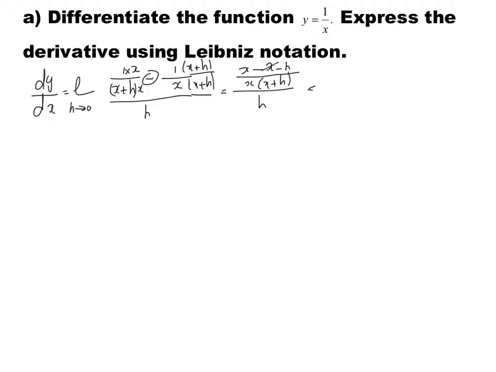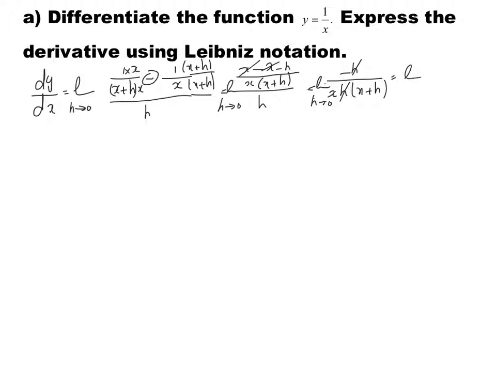This is the same as, x cancels out, so I get negative h over xh times x plus h. Now h is common between numerator and denominator. I forgot the limit here, h goes to 0, limit as h goes to 0.